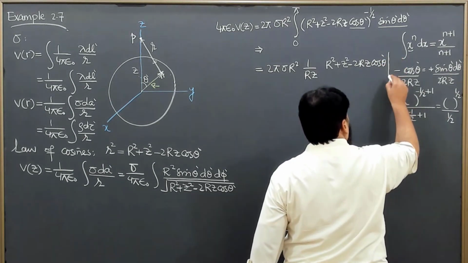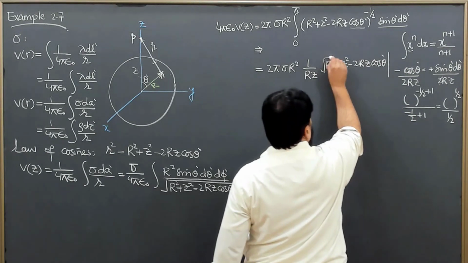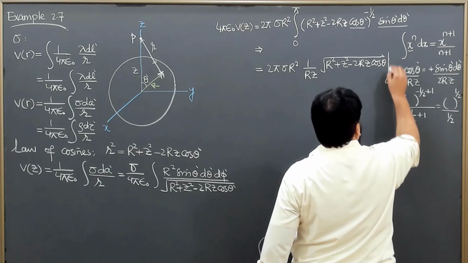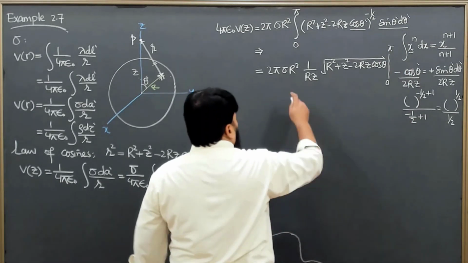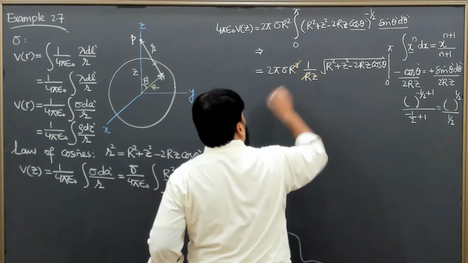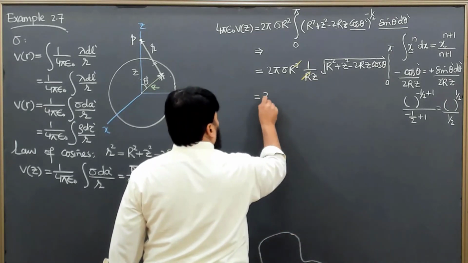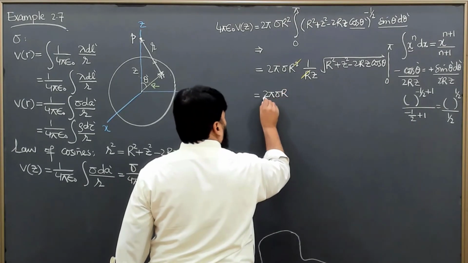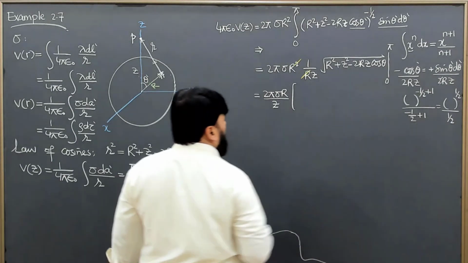So this is having a square root, ranging from 0 to pi. Now R here simplifies with this one and one R remains, and we will have this thing equal to 2 pi sigma R over Z here, and then we will put the values.